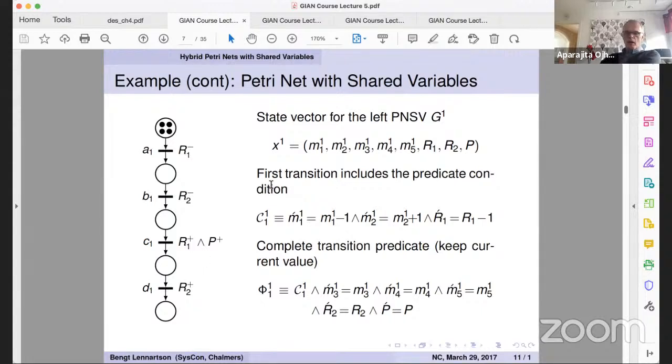Just to describe how these transition conditions could look, we take a specific look at this A1 transition. To be able to perform A1, we must have at least 1 token in the input place. And that means that when we perform A1, we reduce the number of tokens in this place with 1, and we add 1 token to the second place. At the same time, we reduce R1 to R1 minus 1.